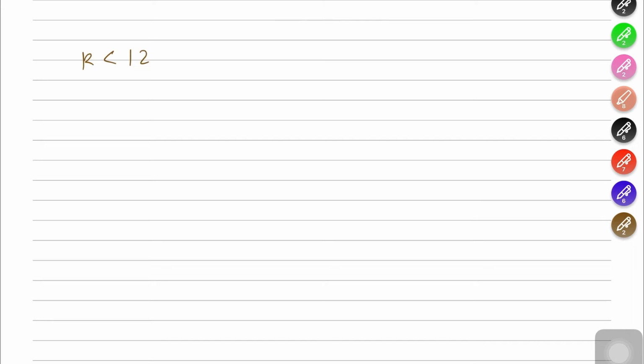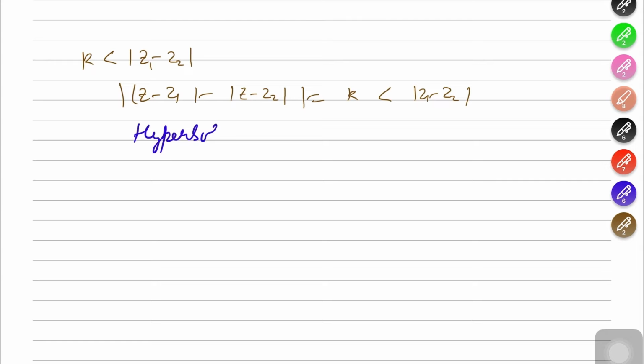Next case, what if K is less than mod of Z1 minus Z2? That means mod of Z minus Z1 minus mod of Z minus Z2 is equal to K, which is less than mod of Z1 minus Z2. In this case, the locus is a hyperbola with foci Z1 and Z2, and K is the length of the transverse axis, or in terms of the ellipse, we can say the length of the major axis.